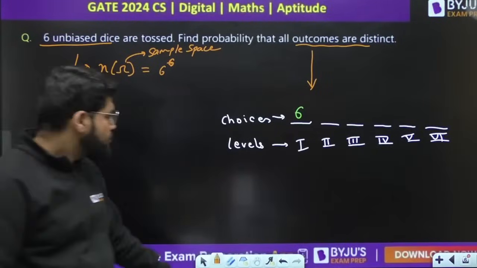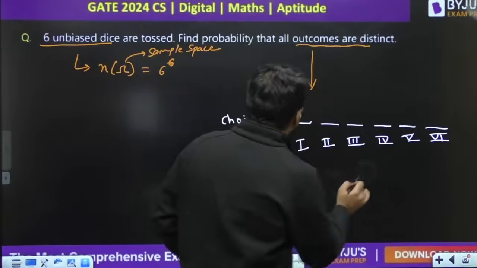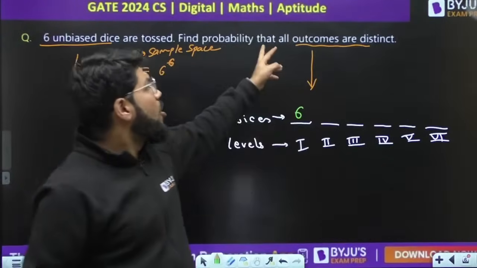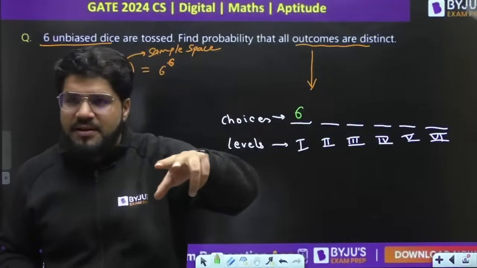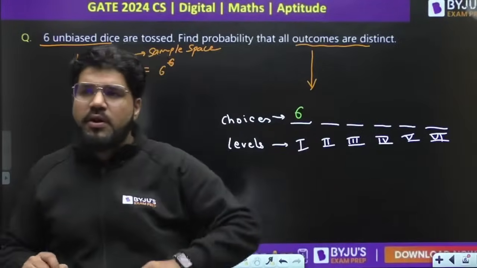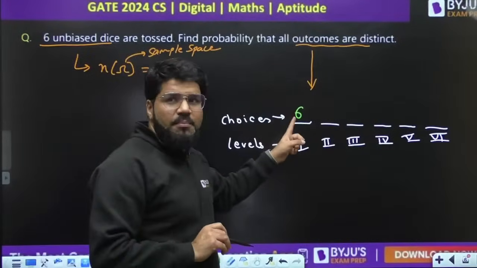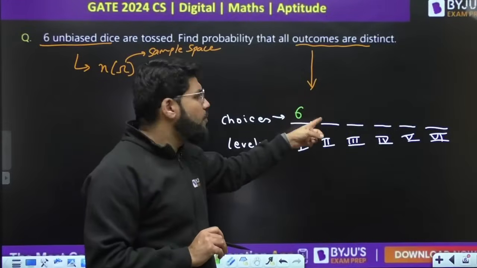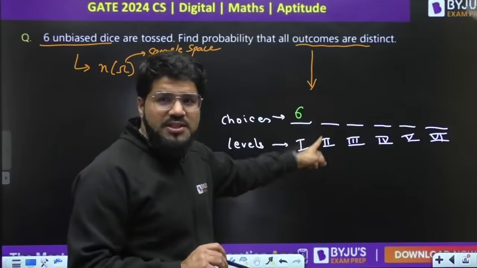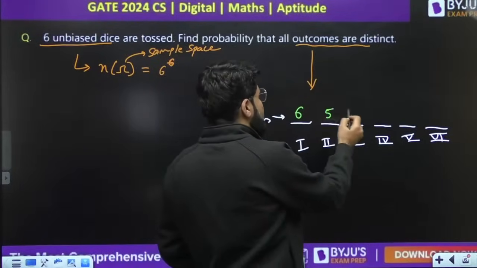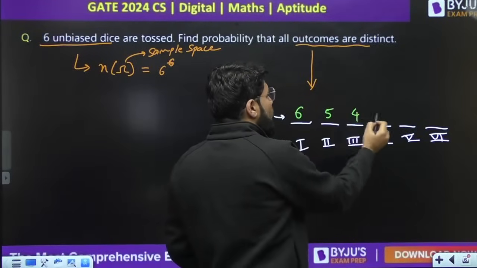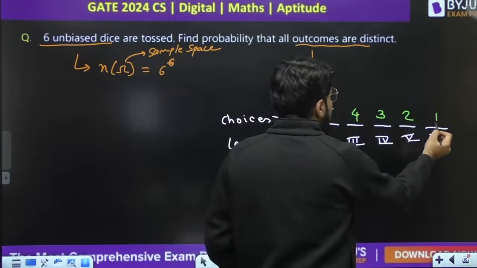But how many choices will be there for the second? All outcomes need to be distinct, like without repetition. One of the numbers has come on this dice, so that should not be repeated here. So how many choices are there for the second dice? 5 choices. Similarly this will be 4, then 3, then 2, then 1.